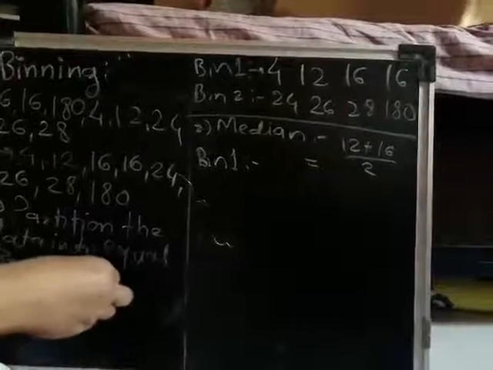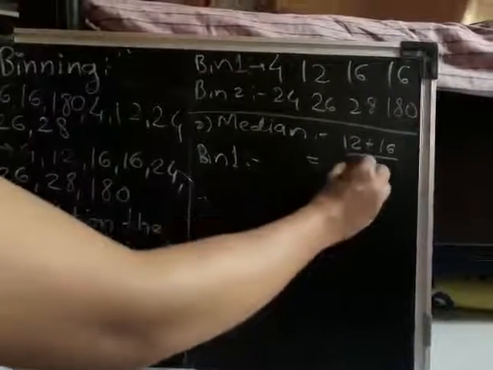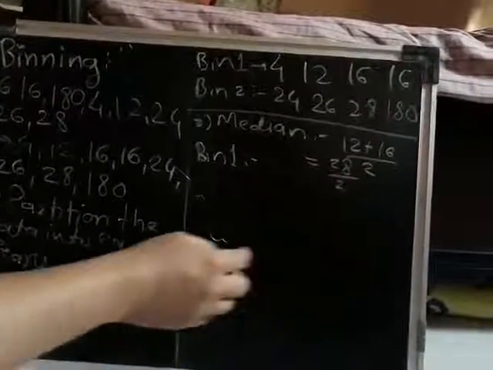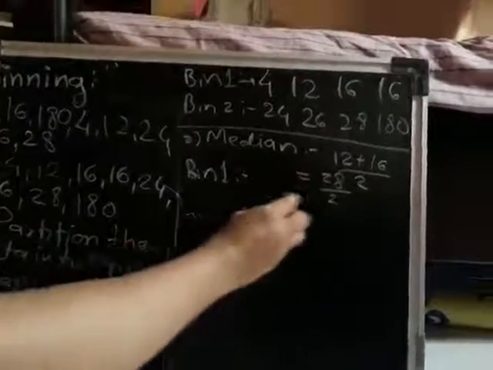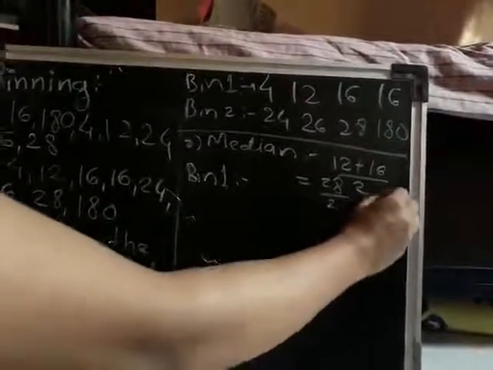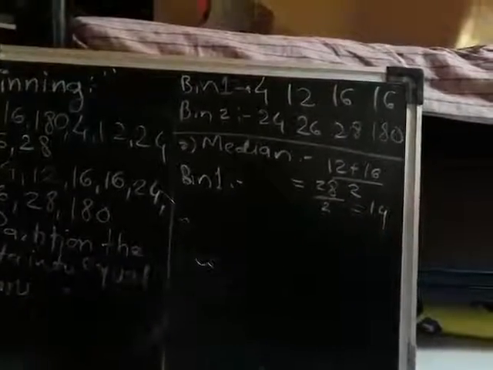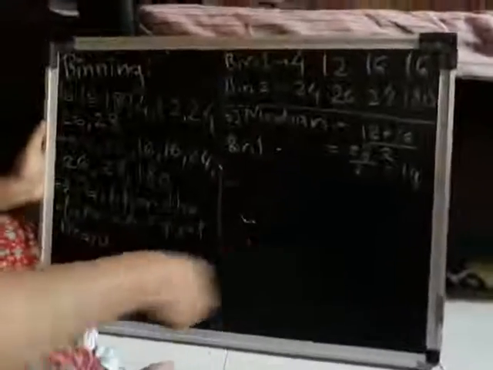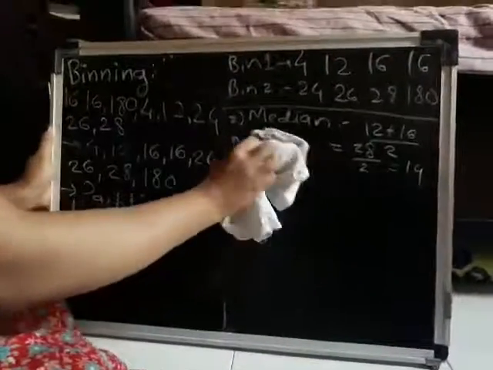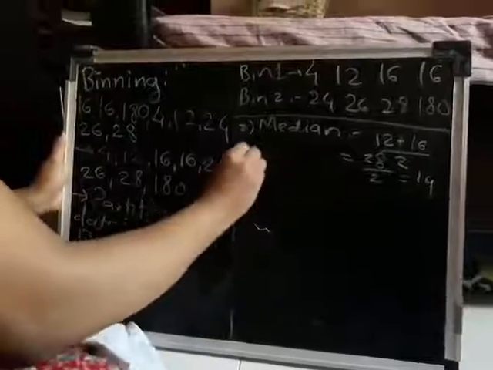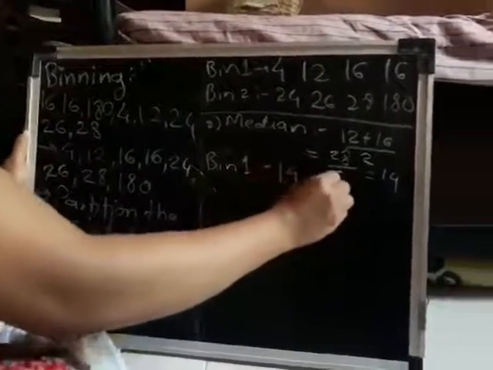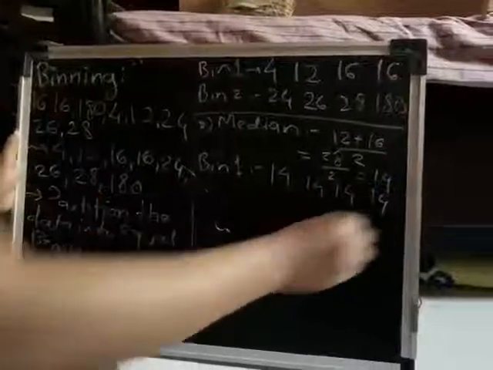It is 28 divided by 2, so 14. Replace all the values with this 14 now. So what will be bin 1 now? 14, 14, 14 and 14.